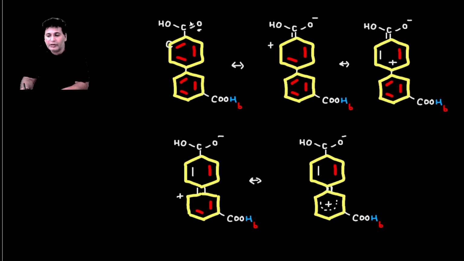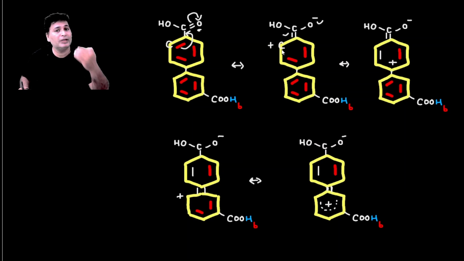So you have to shift the pi electrons towards oxygen like this, and simultaneously these pi electrons are going to shift like this. So in the next structure you will get a new pi bond like this. Since the pi electrons from the older pi bond are now shifting onto oxygen, oxygen will get a negative charge, and this carbon from where the electrons have gone away will get a positive formal charge. You have got this structure.